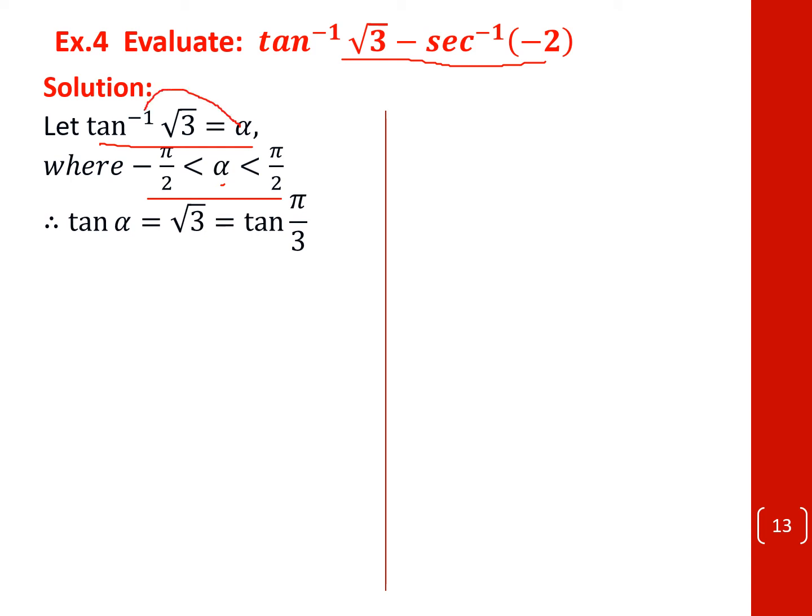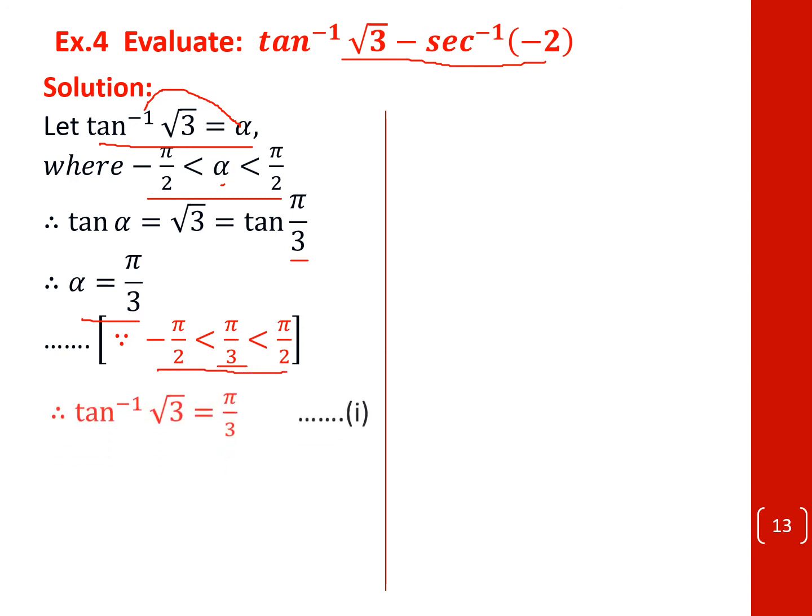The value of tan is √3 at angle pi/3. So we have tan alpha is equal to tan pi/3. Therefore, alpha is equal to pi/3. See student, this pi/3 lies in open interval -pi/2 to pi/2, which is the principal value branch of tan inverse. Therefore, we can write tan inverse of root 3 is equal to pi by 3. Call it as equation 1.